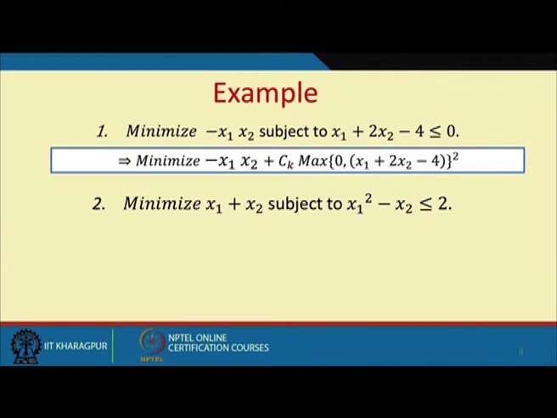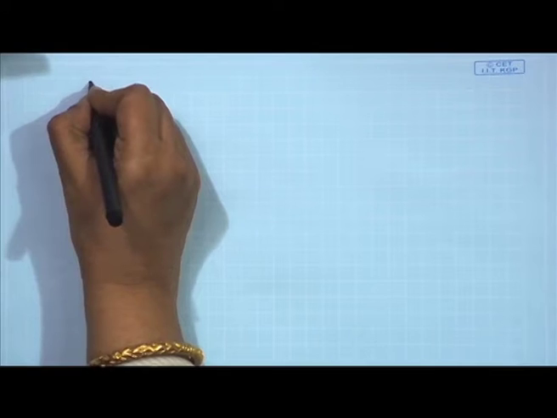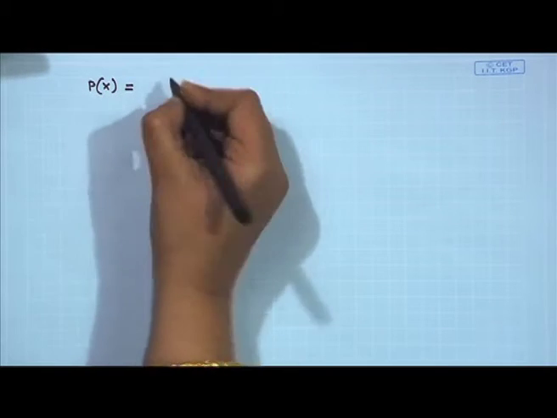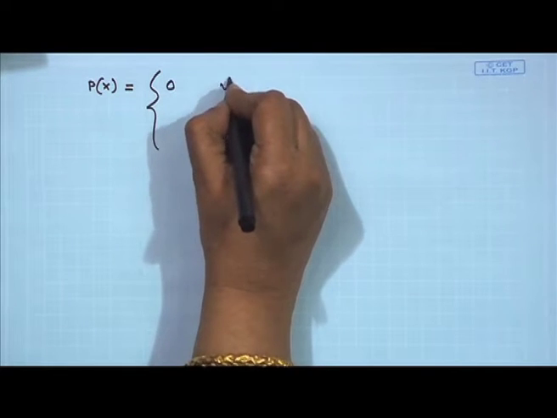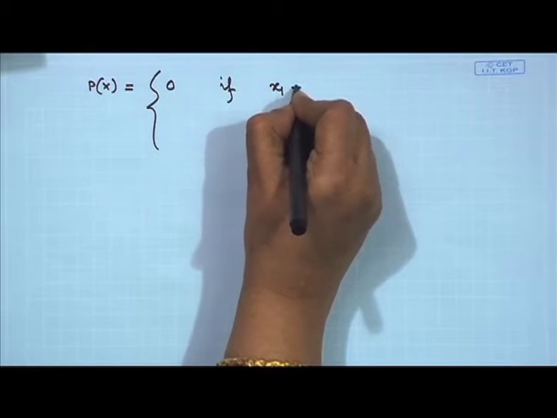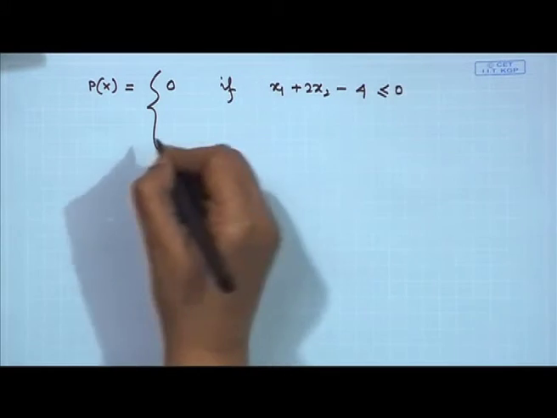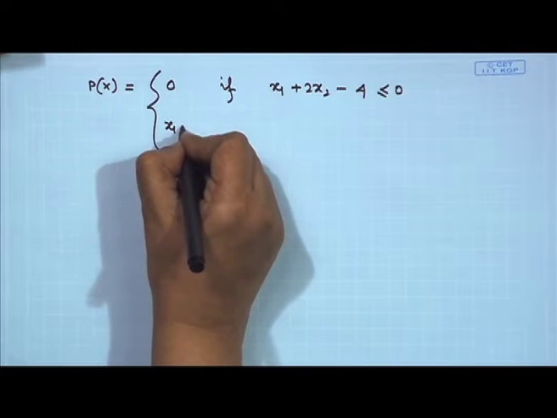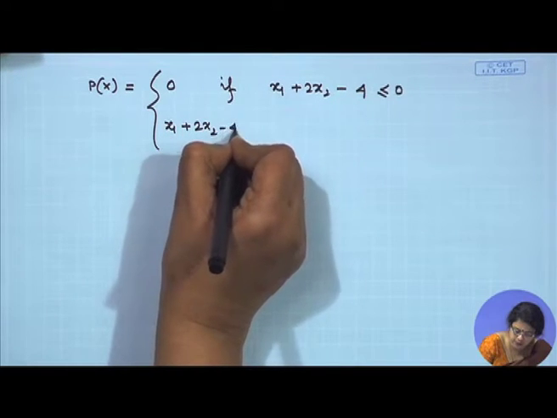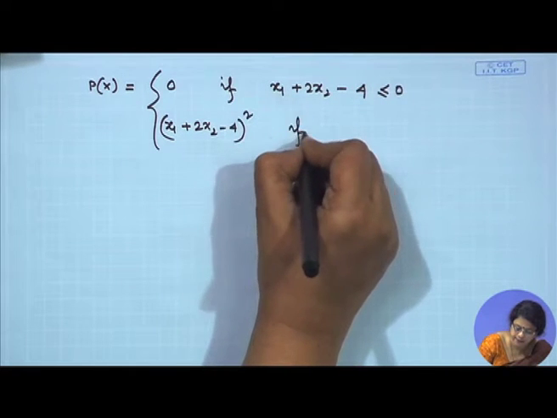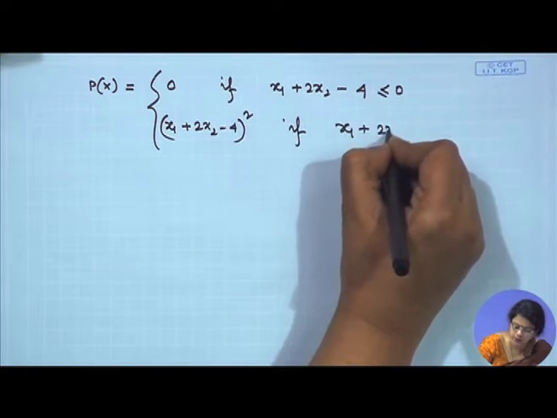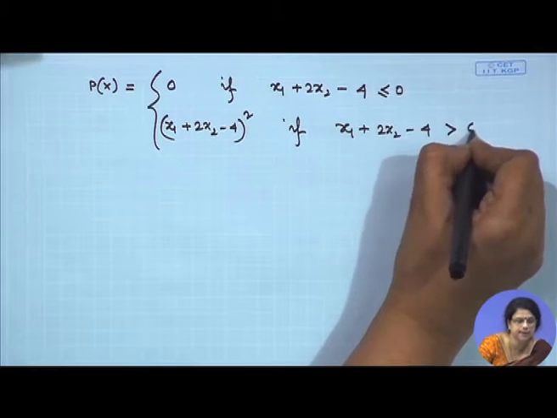The first problem gives us this unconstrained optimization problem. Let me find the value of p(x). p(x) is 0 if x1 plus 2x2 minus 4 is less than or equal to 0. Otherwise, the value is (x1 plus 2x2 minus 4) whole square if x1 plus 2x2 minus 4 is greater than 0.